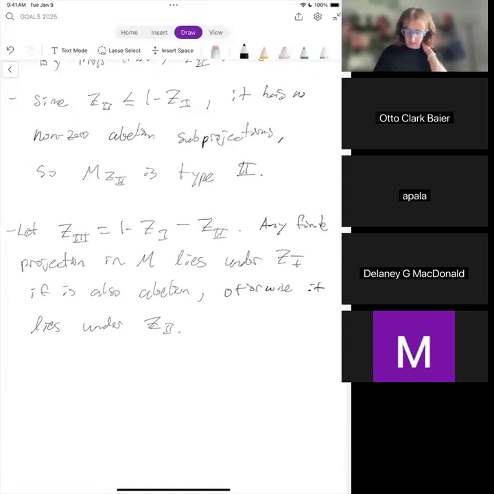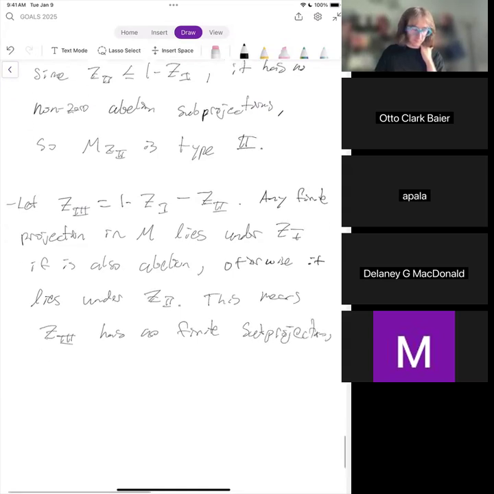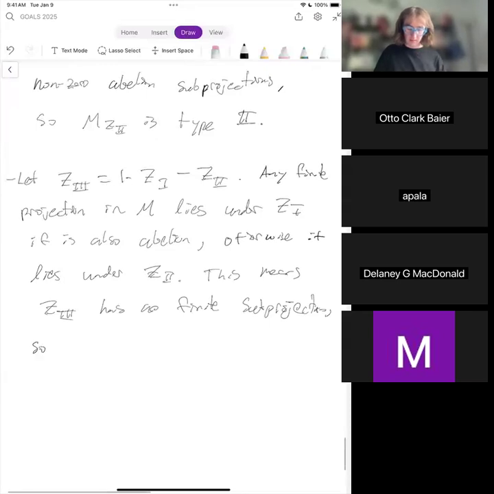And what that means is that this Z3 has no finite subprojections. And then, so MZ3 is type 3.